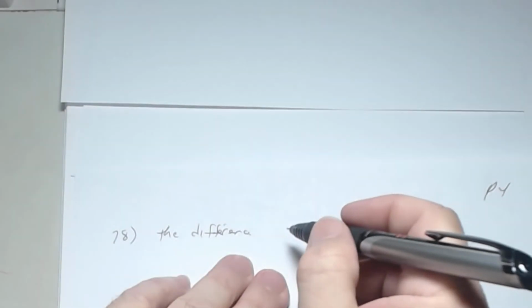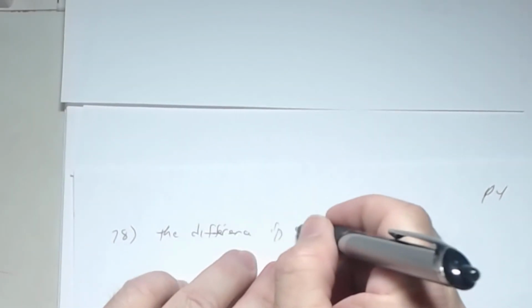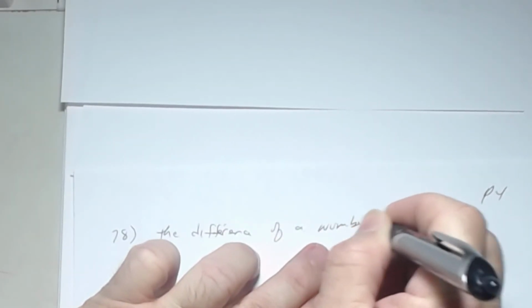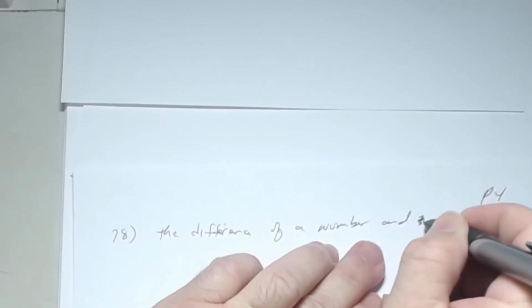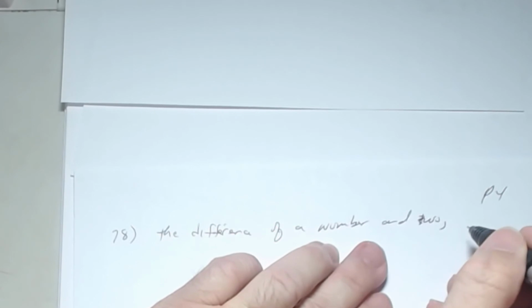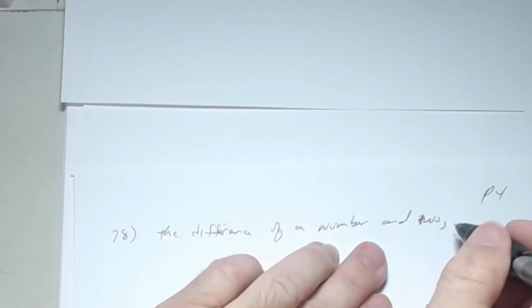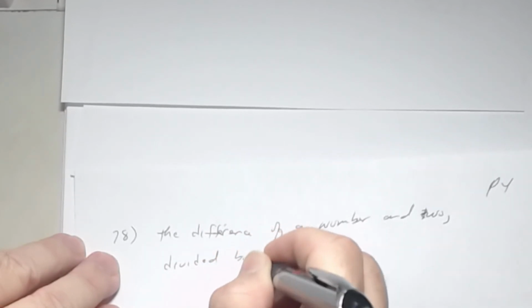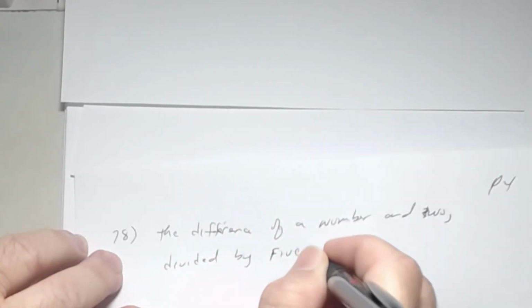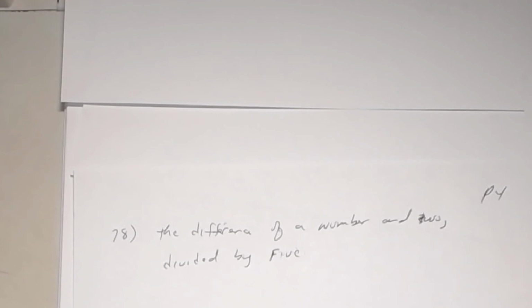So the difference of a number and 2, comma, divided by 5.